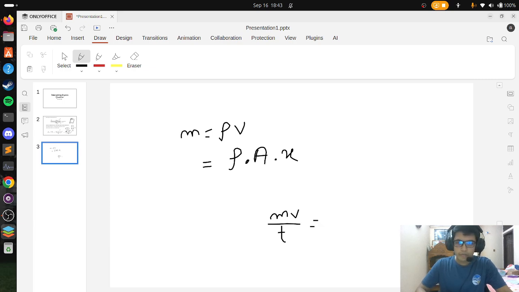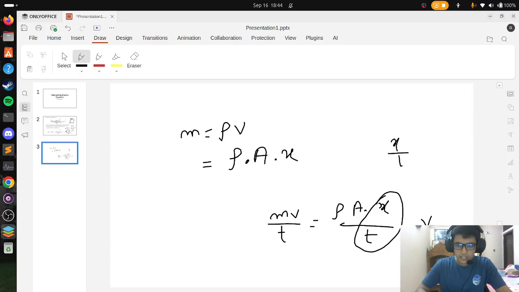Now look: rho A x by t, into v. You can notice this part, A x by t, isn't that a velocity? Obviously it is. So the answer will be rho A v squared.